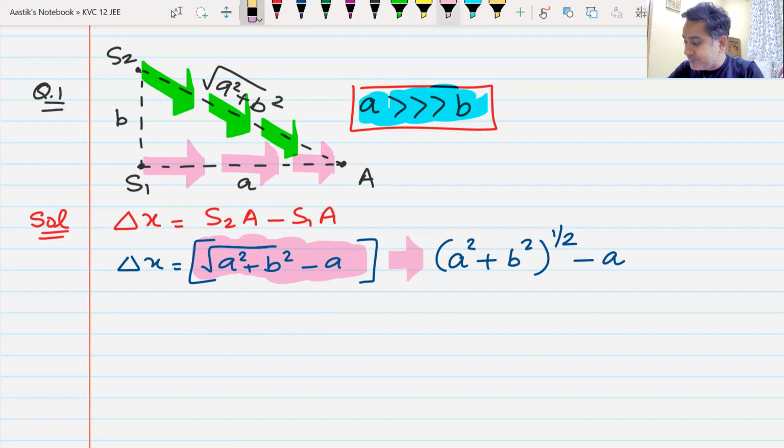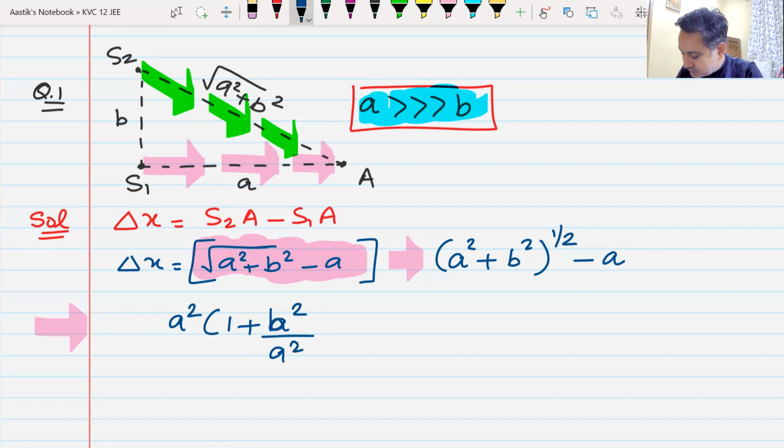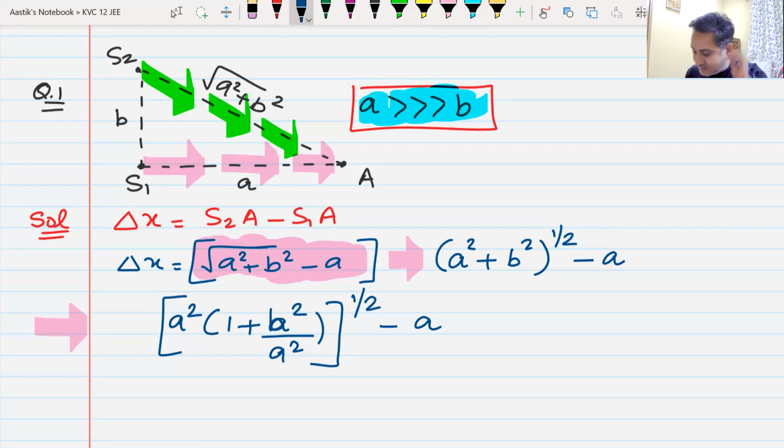In the next step I will take A square common. So I will write a square into 1 plus b square by a square, the whole raised to the power of 1 by 2, minus a. I can write it like this, yes or no? Yes, sir. It's simple maths.